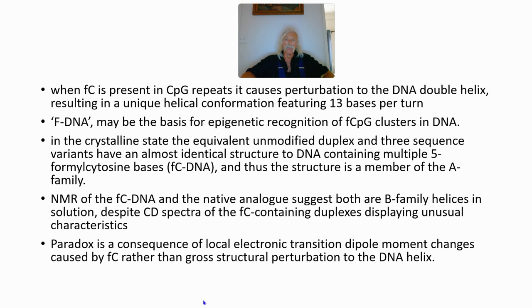And thus the structure could be a member of the A family of DNA. So all of these names, A, B family, etc., are well described in the literature, conformational structures of DNA found in the nucleus.